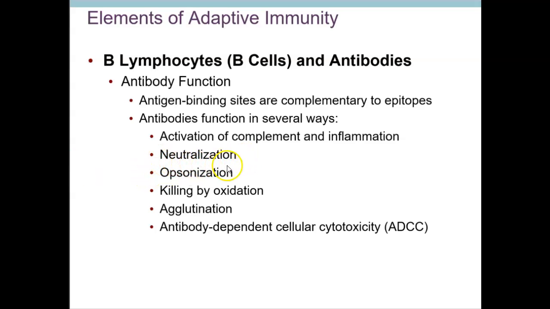Neutralization. We can neutralize things like protein toxins. If we make an antibody that sticks to the part of the toxin that has to move or has to touch something else in order to function, and now it's got an antibody sitting on it, it blocks it from doing that function.